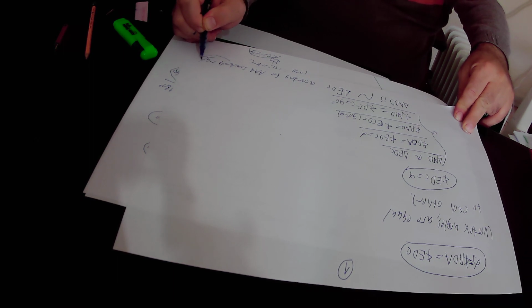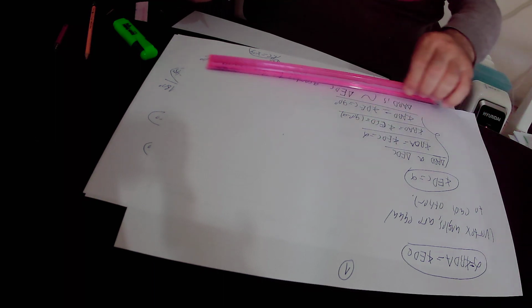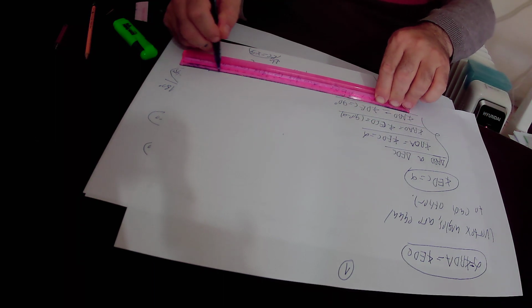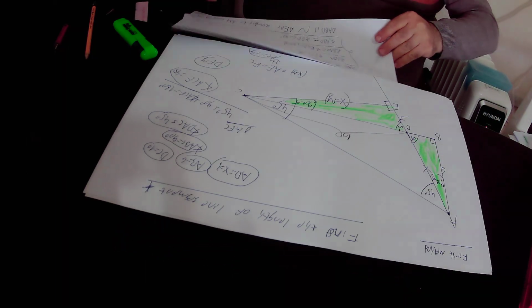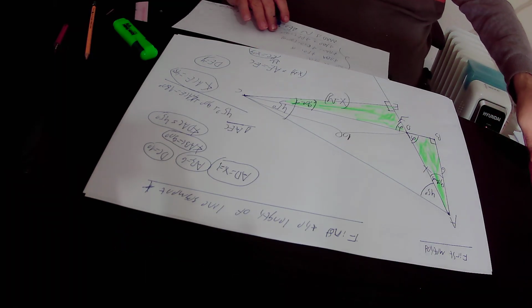Okay? And so those two right green triangles are similar to each other.